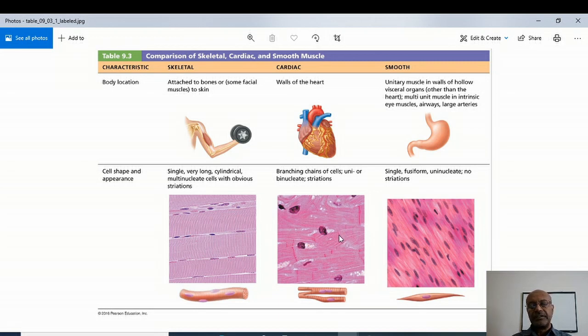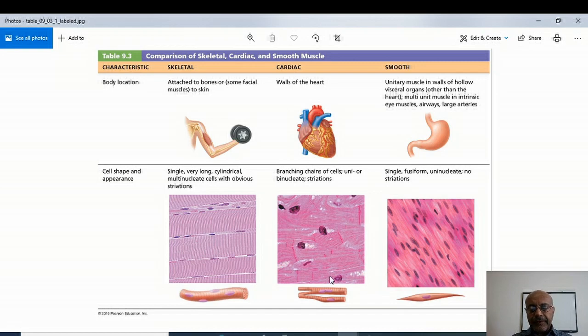The intercalated discs are only in cardiac muscle tissue. You don't find them anywhere else. How about here? The striped appearance. The very visible striped appearance is a feature of skeletal muscle tissue. Whereas here you see neither a striped appearance nor intercalated discs, so you can tell. So these are the three types of tissues.